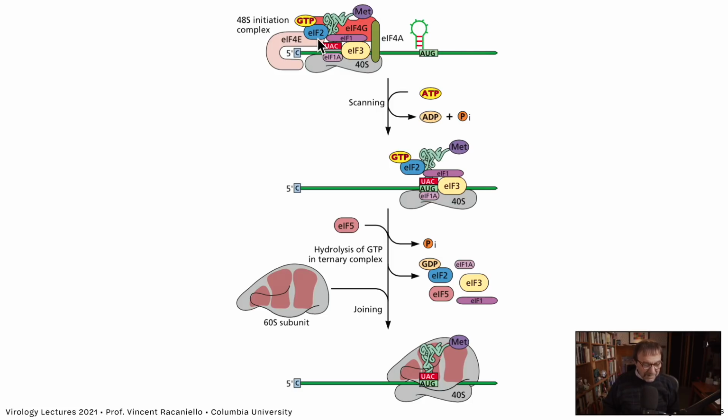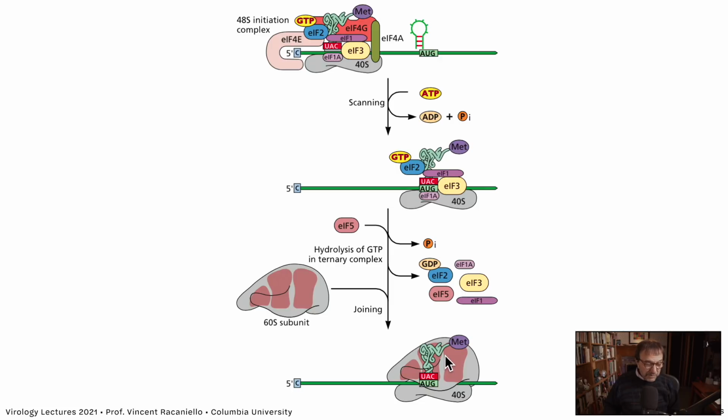And then you have a series of protein interactions that bring in the 40S subunit and the initiator tRNA, the methionine, which is going to pair with the first AUG. And then the idea is that this complex starts to scan down from the 5' end. And when it reaches the AUG, which is shown here, the initiating AUG, then you have energy hydrolysis, ATP hydrolysis.